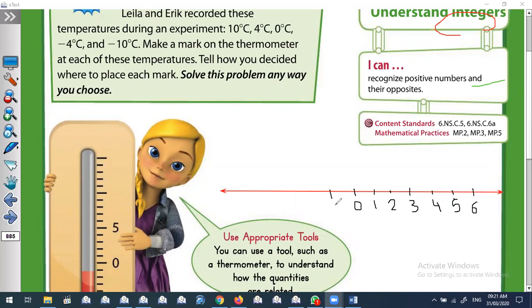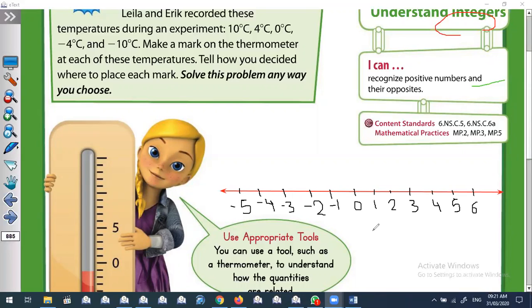On the left, negative numbers, negative 1, this is the new numbers, negative 2, this is not minus, this is negative, negative 3, negative 4, negative 5.